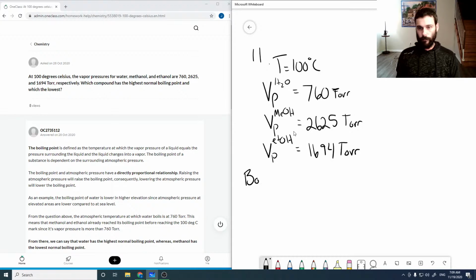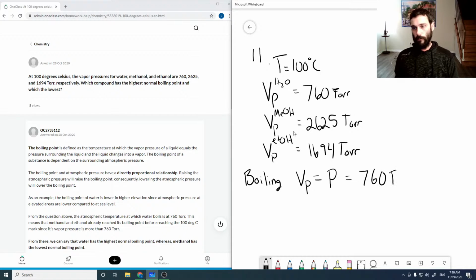Boiling is defined as the temperature at which the vapor pressure meets the atmospheric pressure, right? So you want the vapor pressure to equal your atmospheric pressure. Atmospheric pressure, depending on where you live, obviously, is 760 torr.